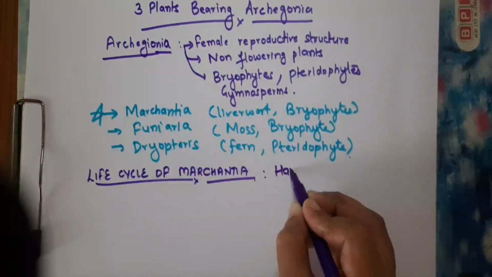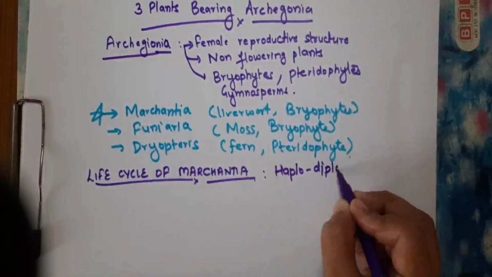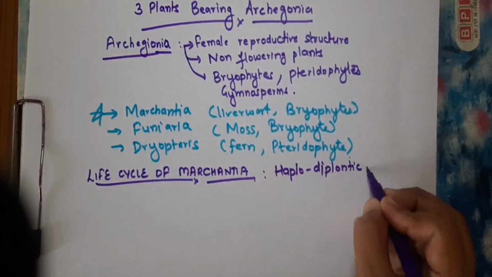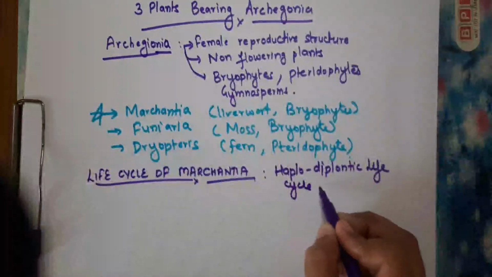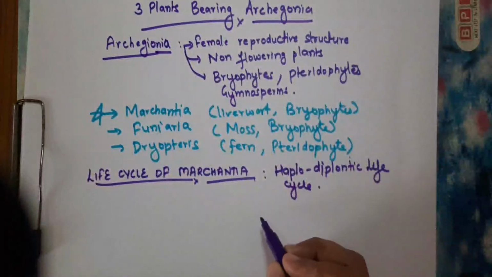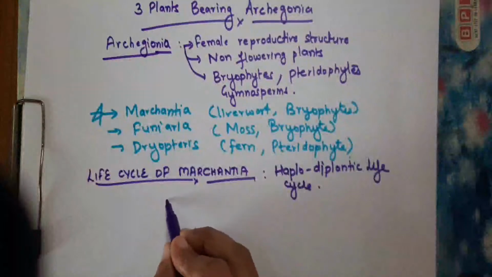The haplodiplontic life cycle displays an alternation between the dominant gametophyte phase, that is the haploid phase, and a short-lived sporophyte, that is the diploid. I already told you the gametophyte is the dominant stage.